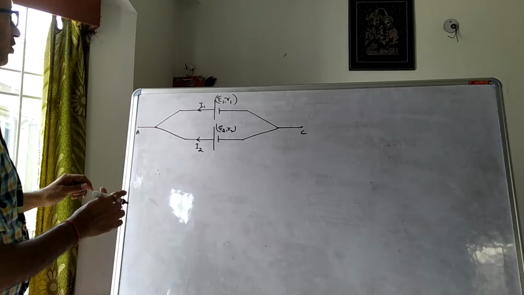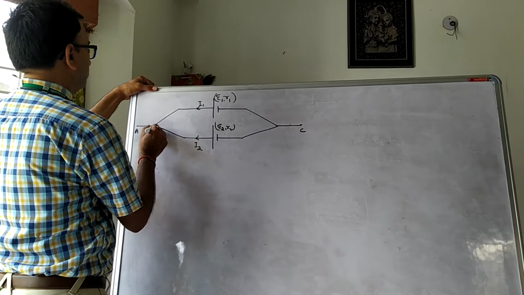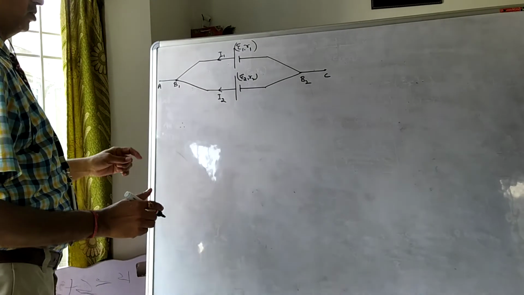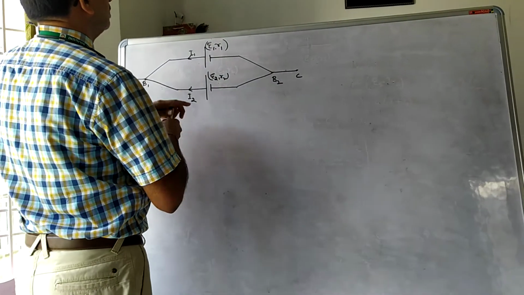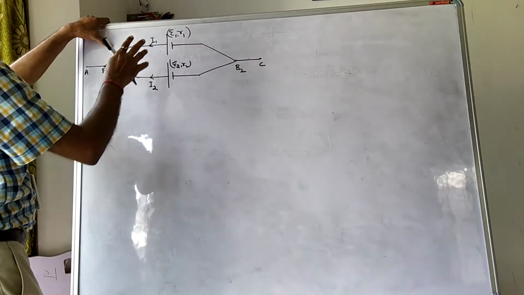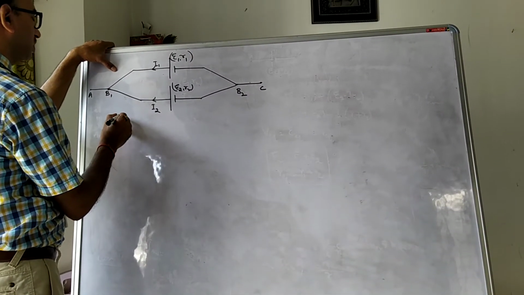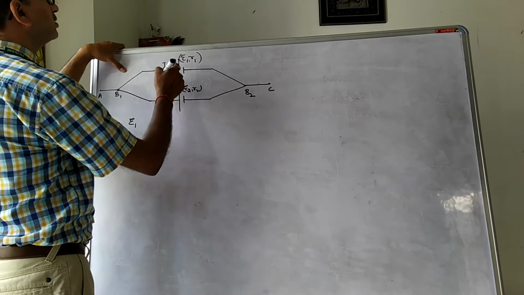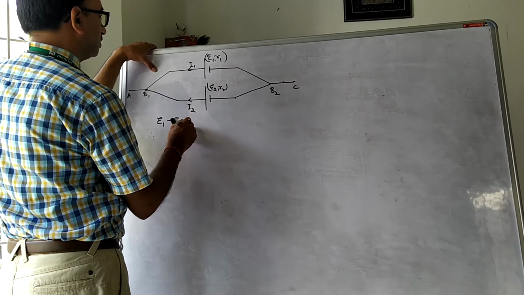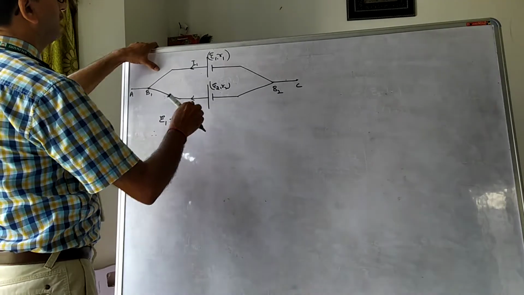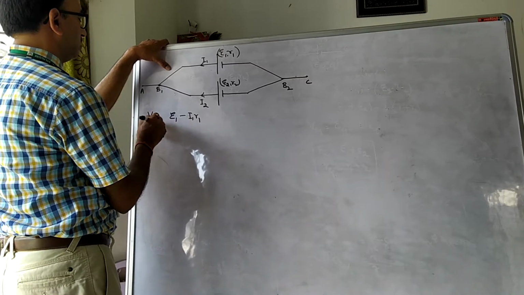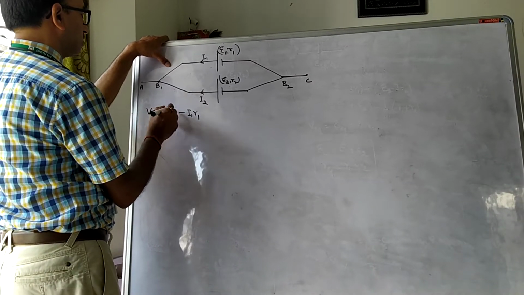So what will be the E equivalent? Let this point be B1 and this point be B2. Now what is the potential difference here? Since V equals E minus IR, the V here will be E1 minus I1 R1, which is VB1 minus VB2.